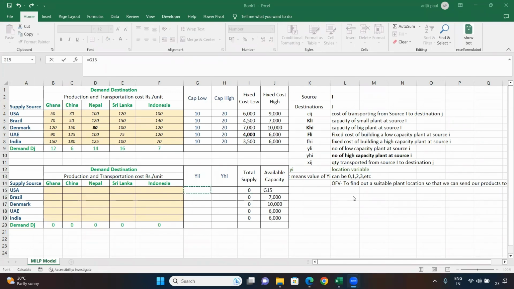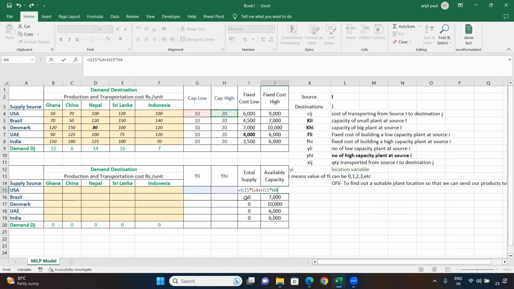So available capacity will be YLI, that is the number of low capacity plant at source site, into capacity of that particular plant, plus YHI, that is the number of high capacity plant that we are going to set up at source site, multiplied with the high capacity of that particular plant.